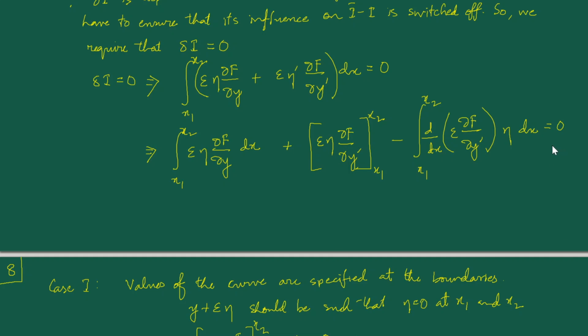So how do we go about doing it? All that we have to do is to take this integration together and set that equal to 0, and take this boundary term and set that equal to 0, and overall that will ensure that the whole thing is equal to 0. Okay, so let me just copy this thing here.